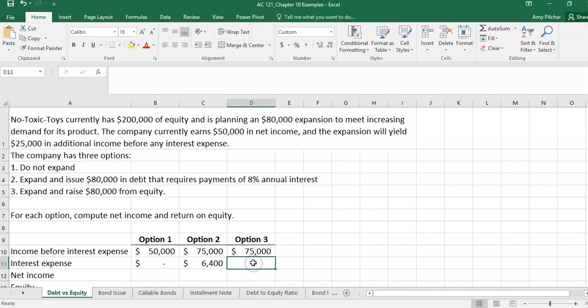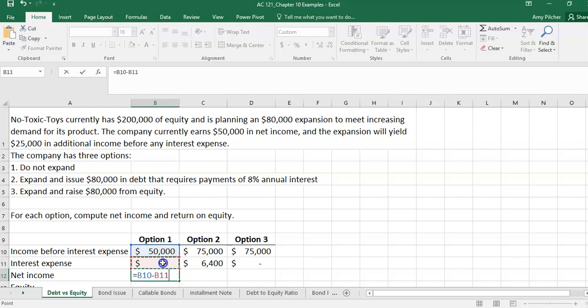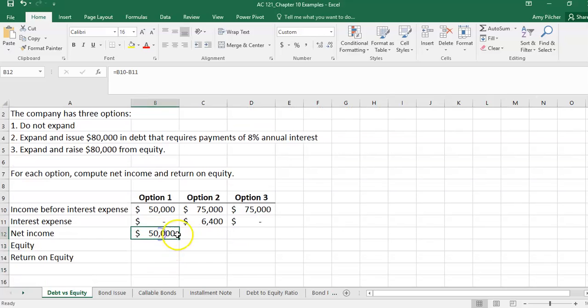Under option 3, we've sold stock to raise the money, so we have zero interest expense. Our net income is our income before interest minus our interest expense. So now we have our net income under all three options.